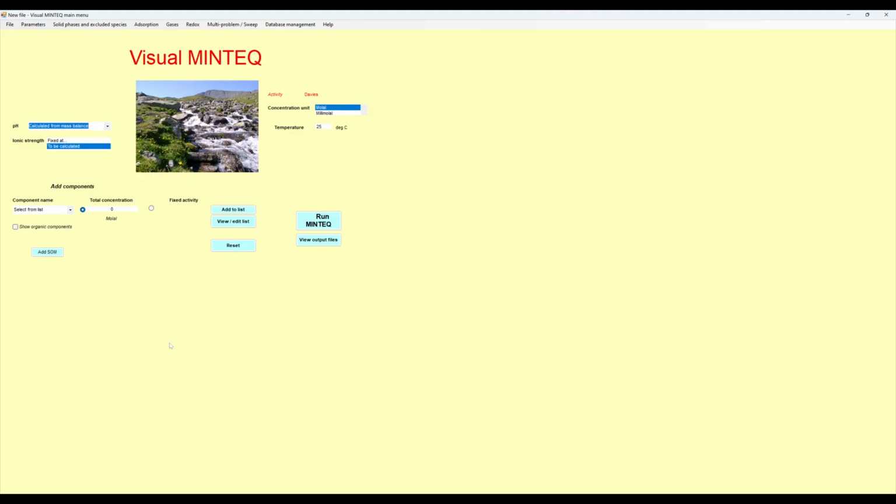Before using Visual MINTEQ to solve the examples, I'm going to walk you through the software itself, some of the useful tabs that we're going to use, and also the platform itself. The software can be downloaded for free. Just Google Visual MINTEQ download. It's available for Windows, unfortunately not for Mac users.